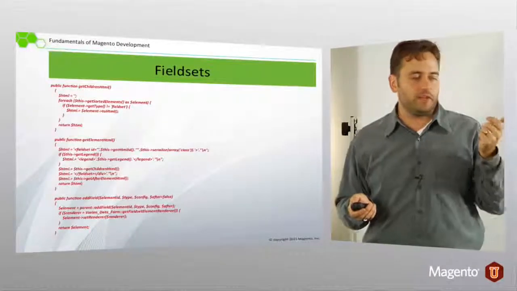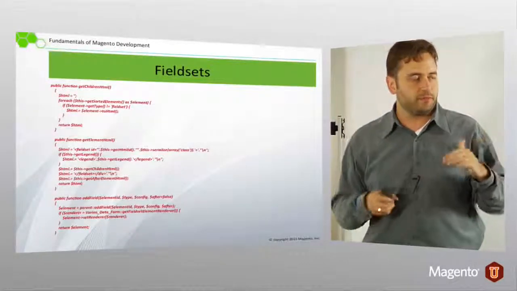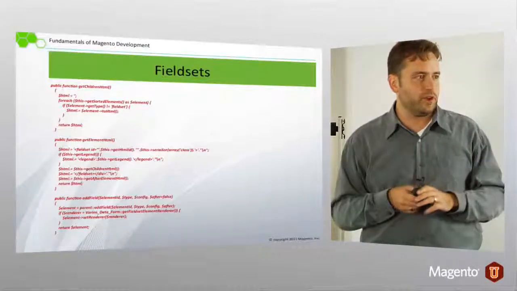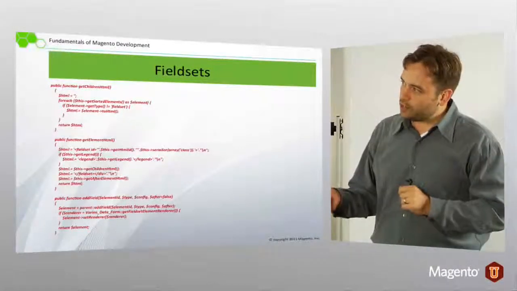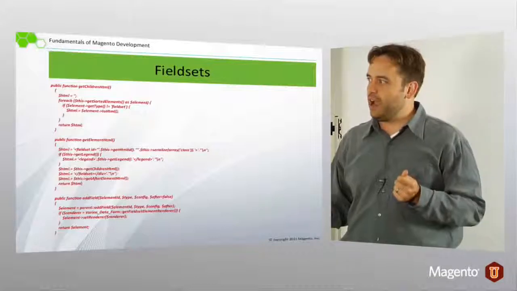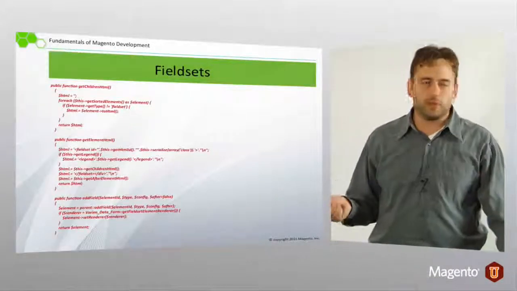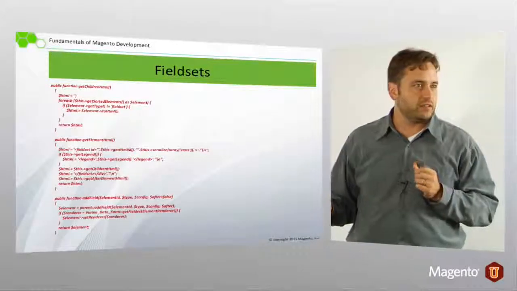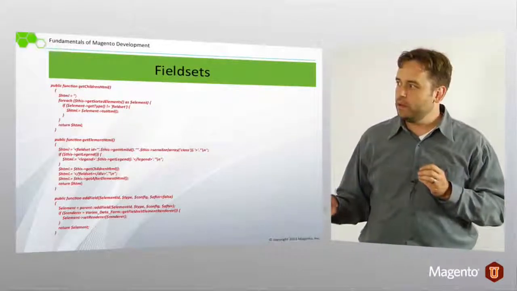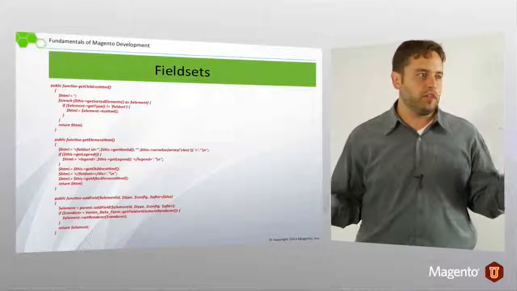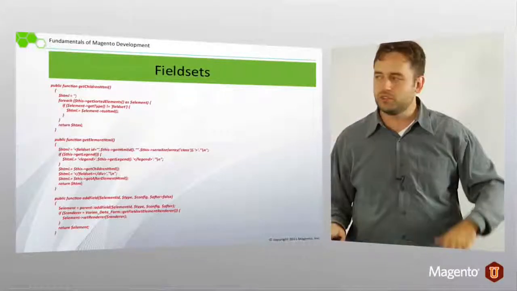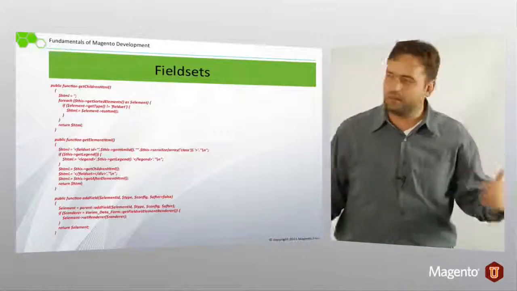I don't know if you ever need to render some HTML or JavaScript in your admin. You can actually set the after element HTML property, and that will be rendered outside of the field set container. So basically, just like within any HTML form, you have field sets, and that field set would contain fields. So we add fields to a field set.